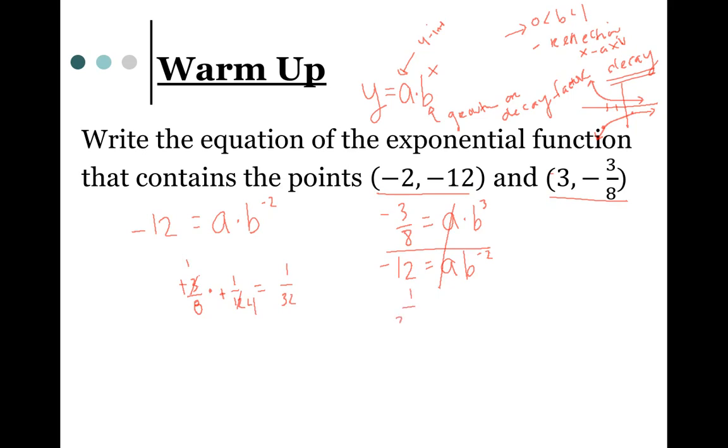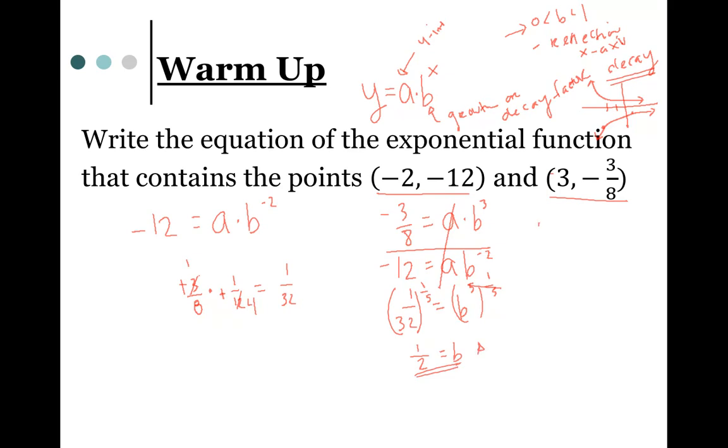So 1/32 equals b to the power of 5. And I feel like we solved this one in an earlier lesson. I'm going to take the 5th root, or I'll raise it to the 1/5 power, which is the same thing. 1 to the 1/5 is 1. 32 to the 1/5 is 2. So that gives me b.